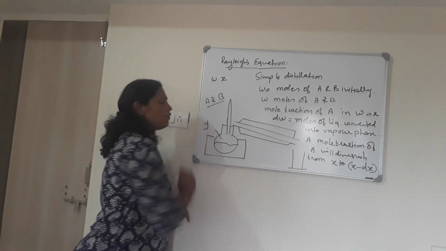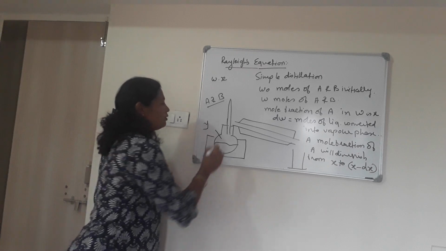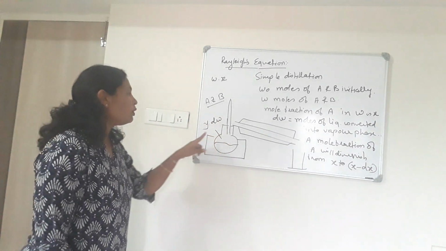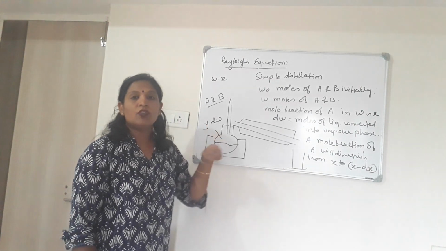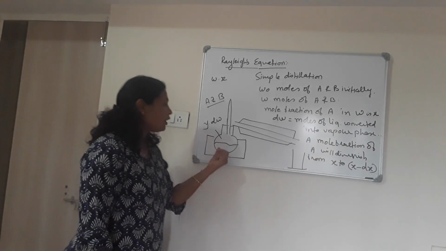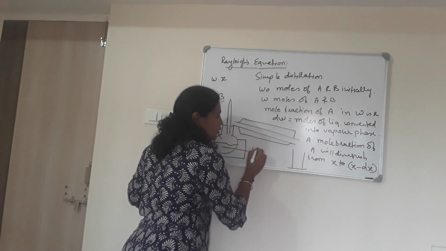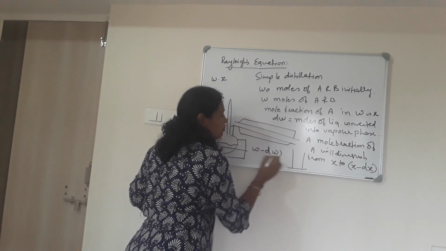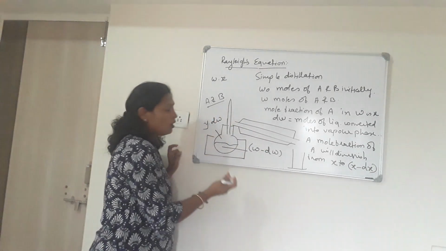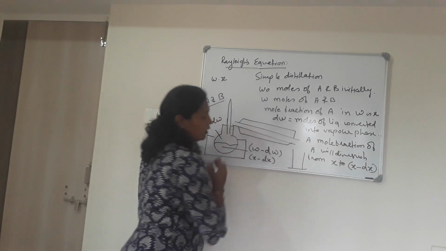Say y is the mole fraction of A in the vapor phase and the amount of vapor is dW. So dW into y will be the amount of A in vapor phase. The quantity of liquid, initially W, now becomes W minus dW because dW moles are vaporized, and the mole fraction of A will be x minus dx.